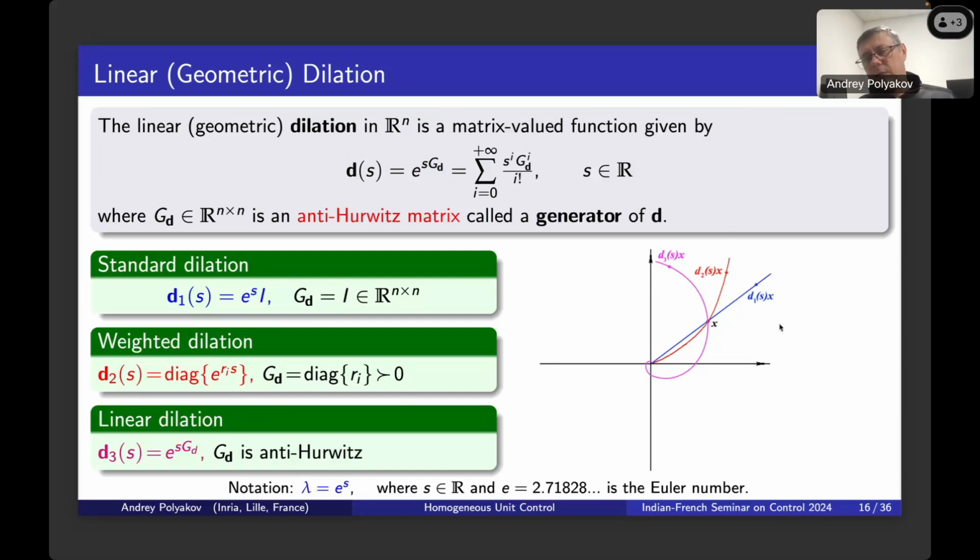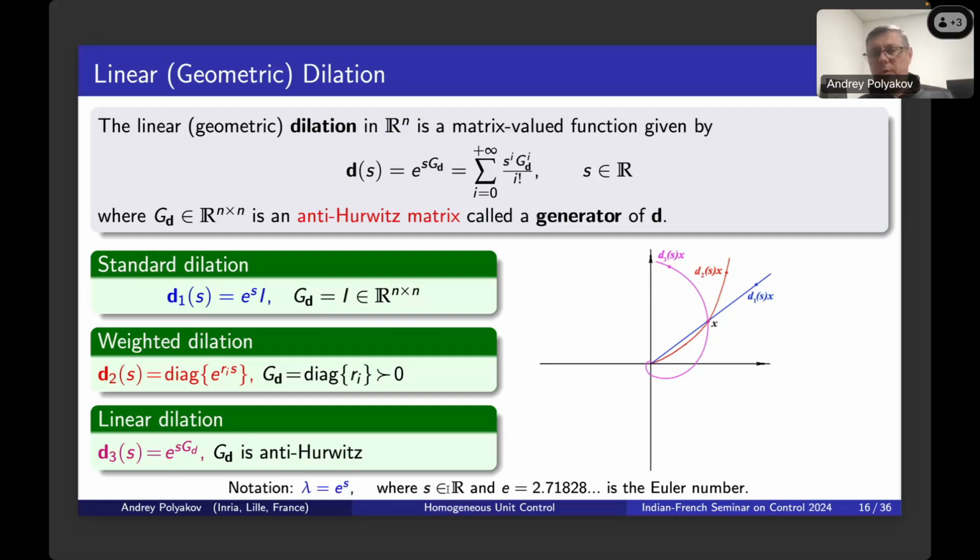Here are just illustrations, and they are indeed different. In fact, this linear dilation corresponds to our previous considerations. We replace lambda with the parameter e to the power s. Now the parameter of the group is from R, but not from R+. It's not just a positive parameter.